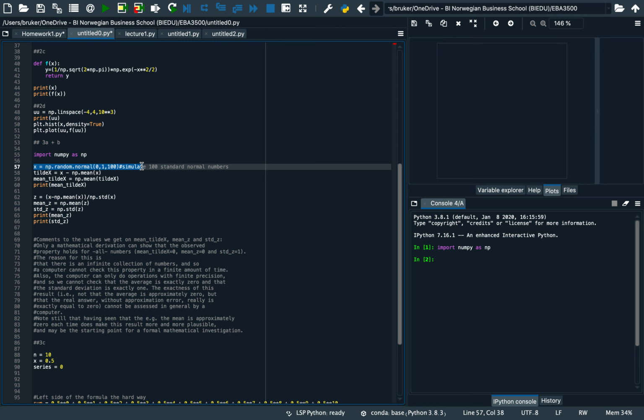The arguments 0 and 1 are the mean and the standard deviation, and the argument 100 is how many numbers we are asking for.